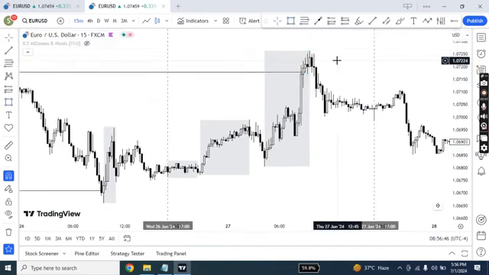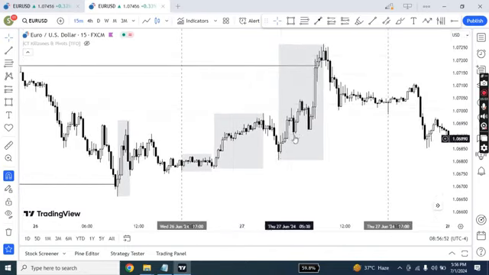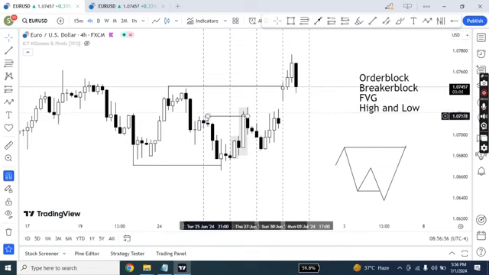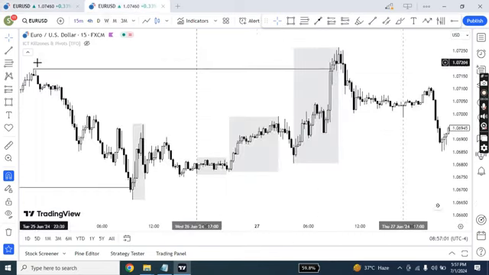Now the unique thing about this expansion profile is that it also took out this range high, right? This range high and swing high, which is our 4-hour key level, and this expansion profile ended inside a key level and tested a key level.